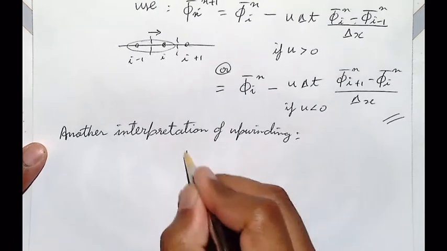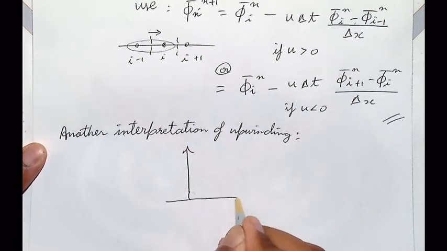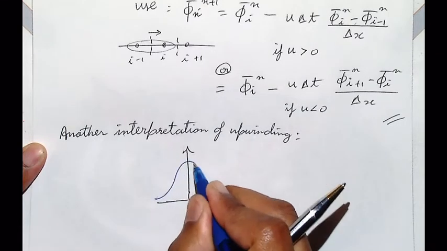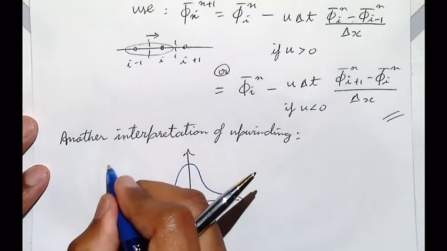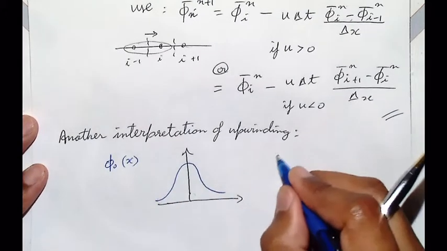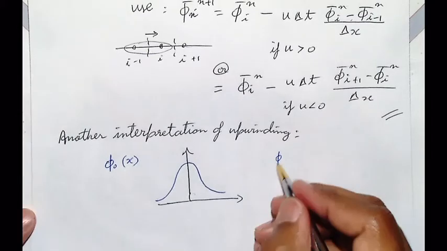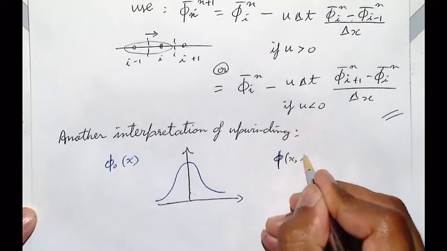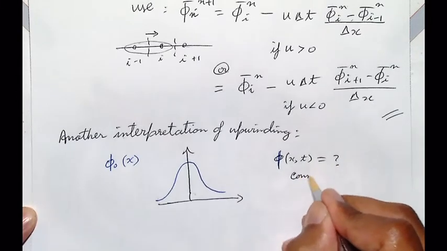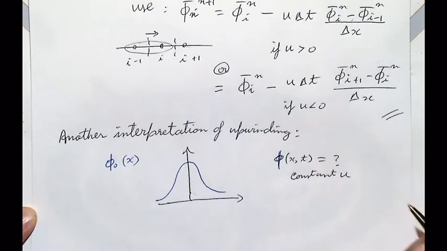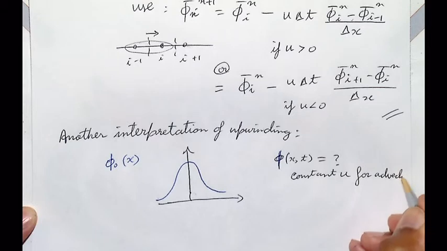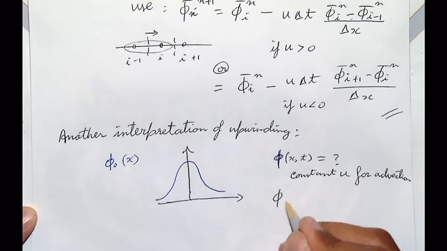If I give you, let's say, a Gaussian initial profile, which looks like phi naught of x, and I ask you for pure advection, how can I write phi of x comma t, given a constant advection velocity U? Analytically, what is the formula?